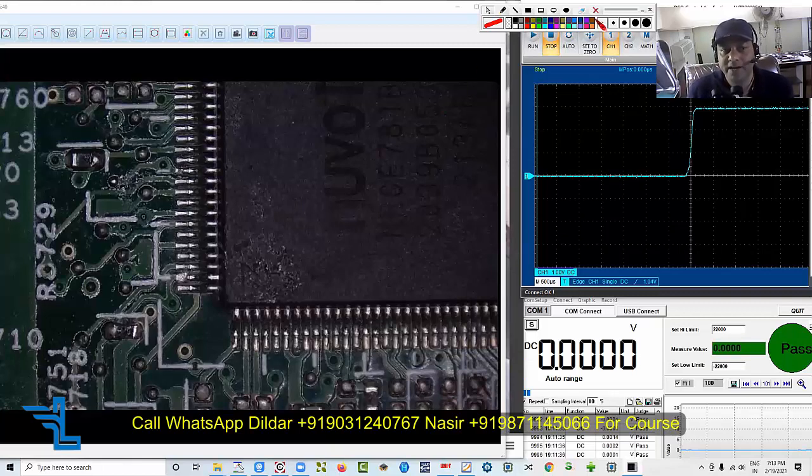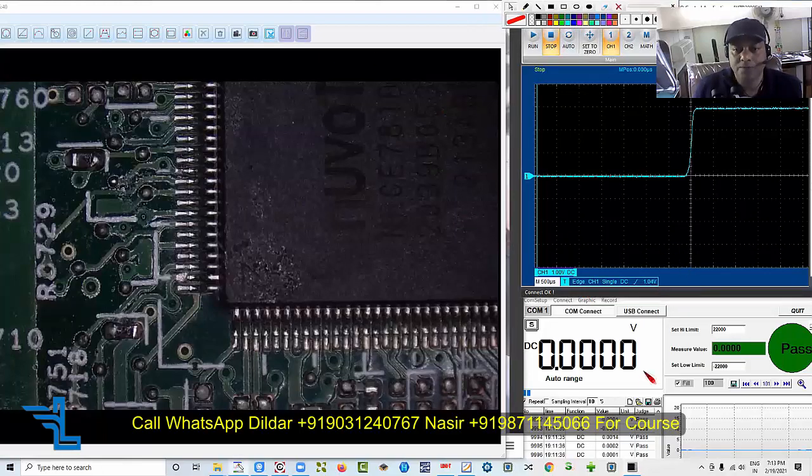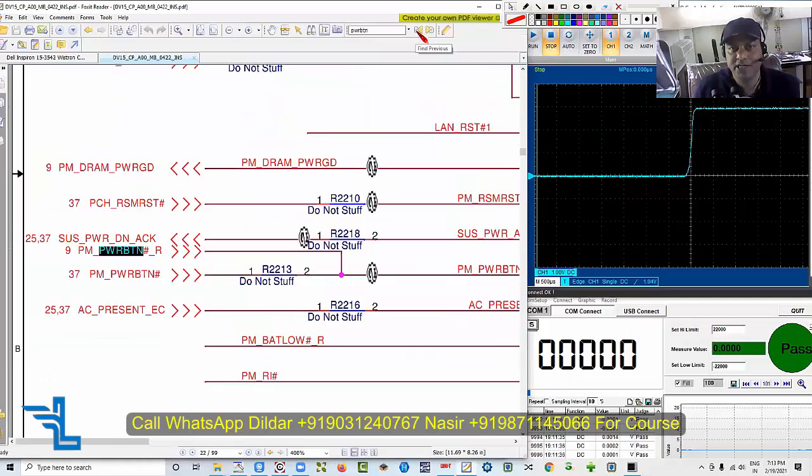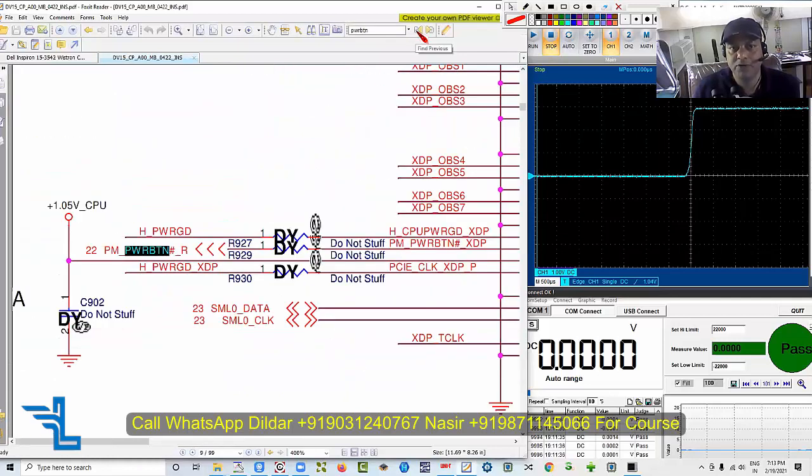If you receive any board of any generation, you check this particular signal from 500 millisecond to 500 microsecond, and you must get a debounce logic. So how can you generate this debounce logic? Next signal. I am just demonstrating the signals as per the requirement.